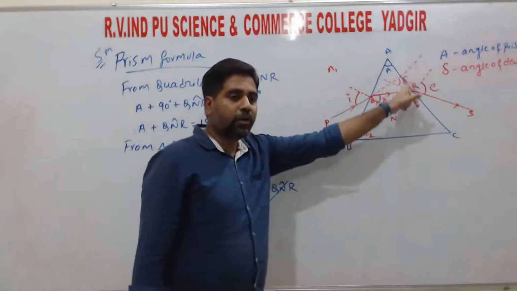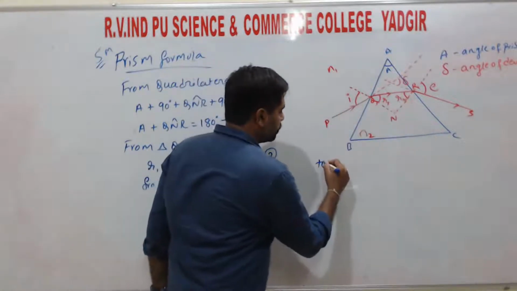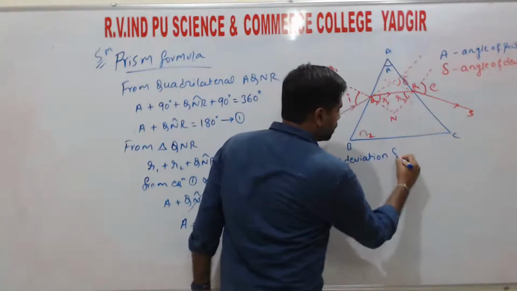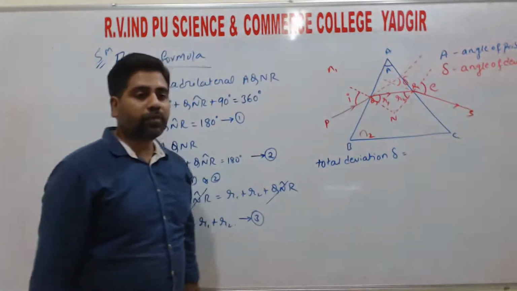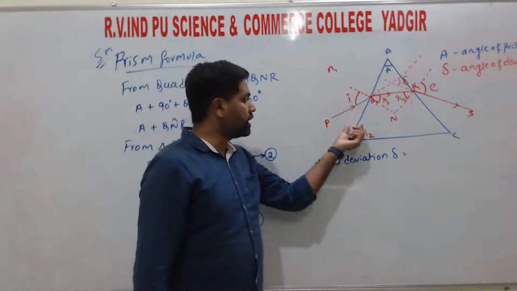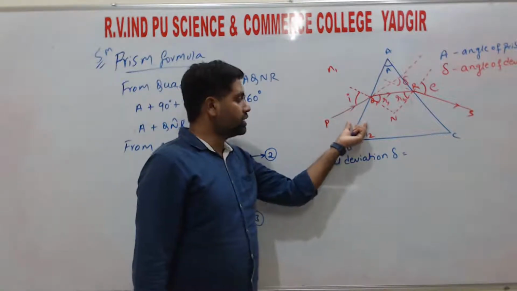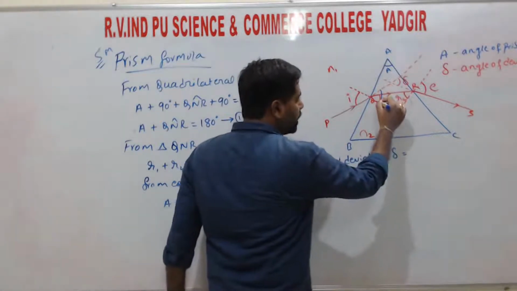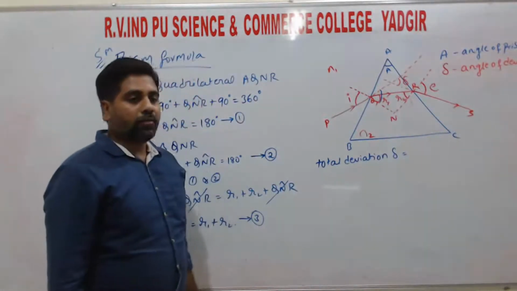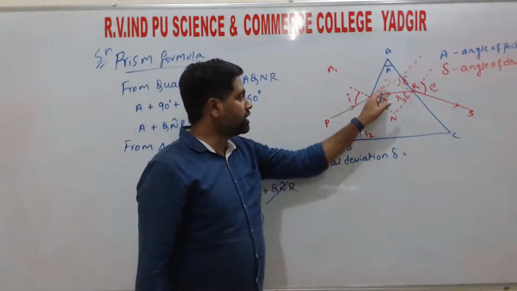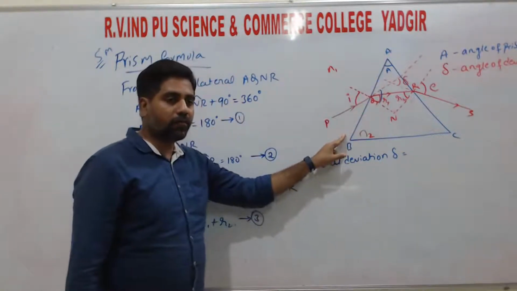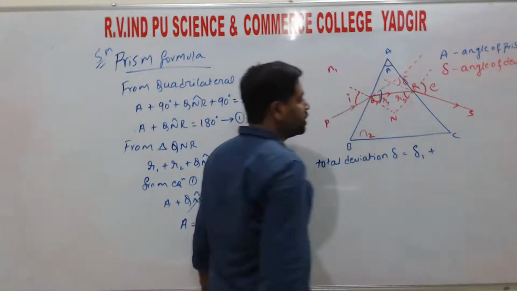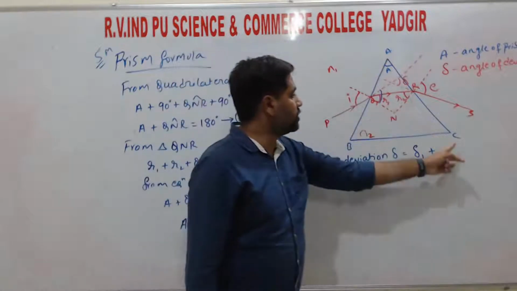deviation, delta is the total deviation, right? So we can write total deviation delta is equal to the sum of the deviations taken by the two refracting surfaces, that is AB and AC, right? So if we observe here, this one is delta 1, the deviation from the surface AB, plus the second refracting surface AC.